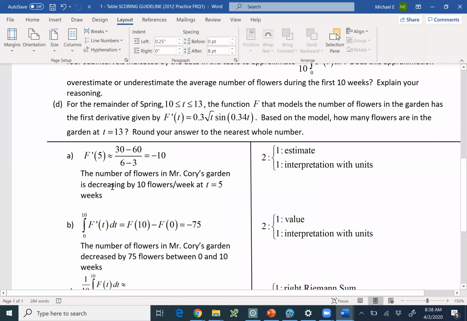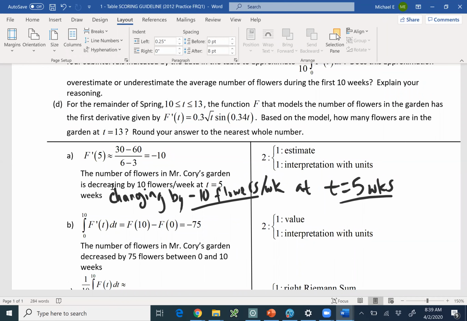You do need the flowers per week, and you do need at time equals 5 weeks. So the 10 flowers per week and the 5 you need, and you can either put decreasing by 10 or changing by -10. If you have any questions on any of these, just stop me.